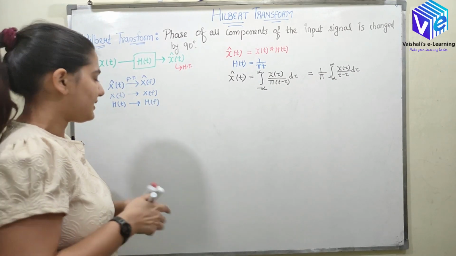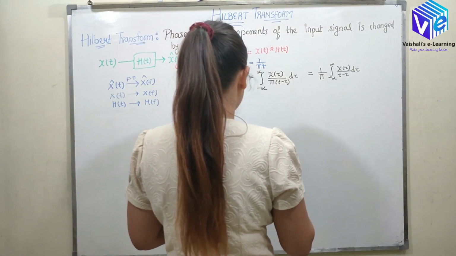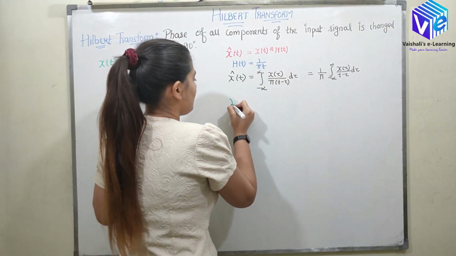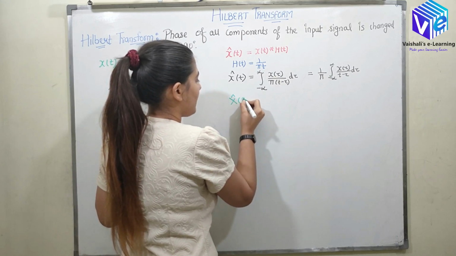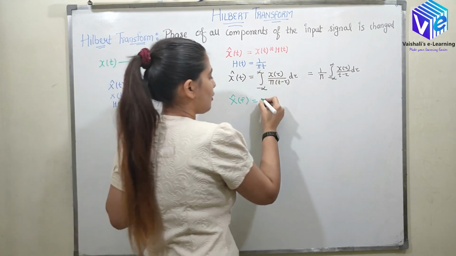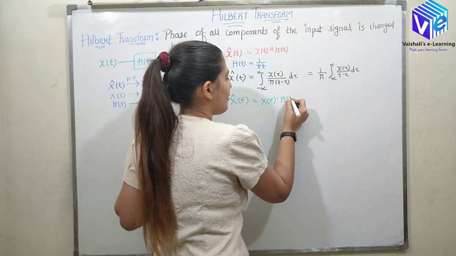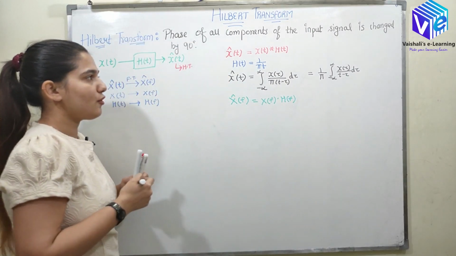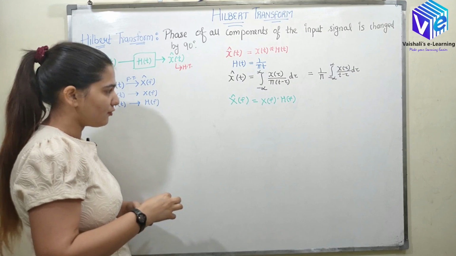When I replace these terms, x cap of f is equal to x of f multiplied with h of f. So convolution converts into multiplication in the frequency domain.